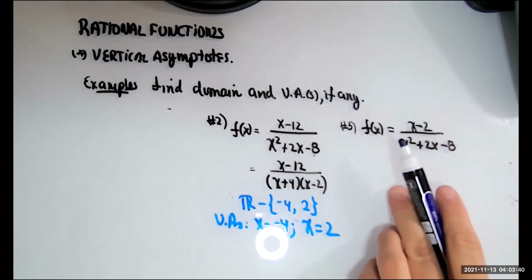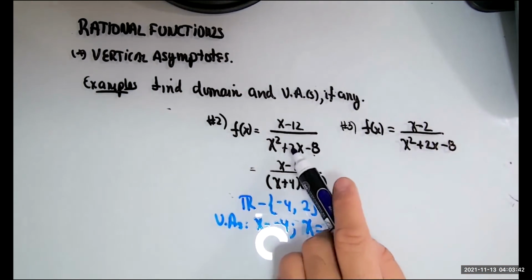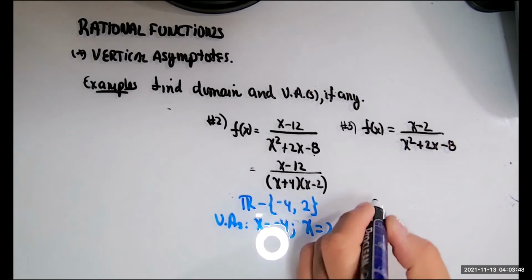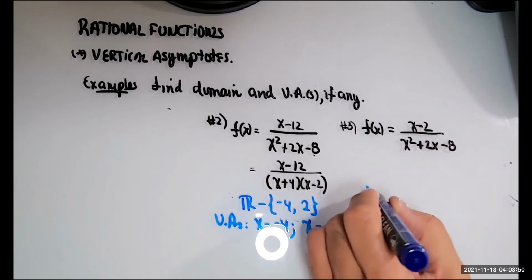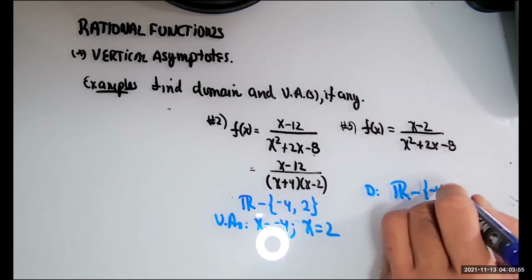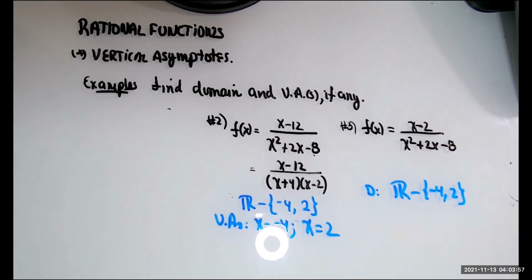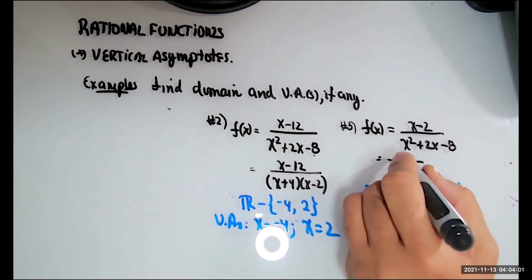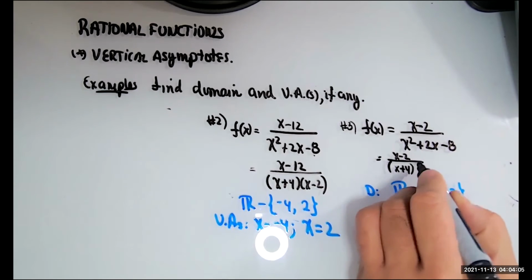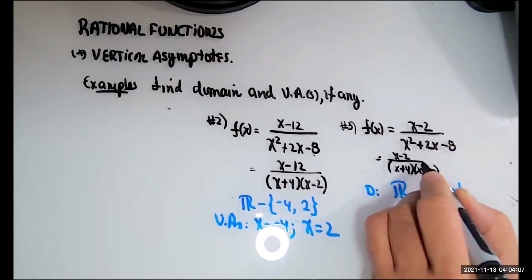Now, example number 3, very similar to this one. So what is my domain? Well, it's the same denominator. So the domain is all real numbers except -4 and 2. However, how do we find the VAs? That was x minus 2, x plus 4, x minus 2.